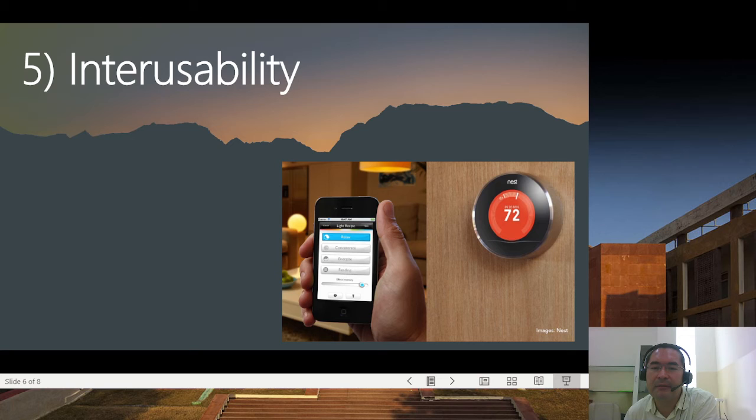The transition from one of these devices to another should be as smooth as possible. The user should feel that he or she doesn't need to learn a new way of interacting each time, which means there is some consistency when you move from one device to another. So this is very important, interusability.